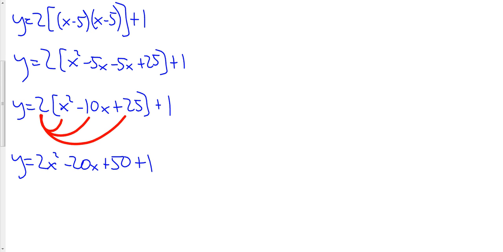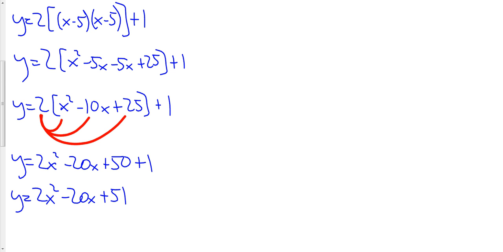Because I've multiplied everything out of my brackets, I still have that plus 1. So my final answer is 2x squared minus 20x plus 51.